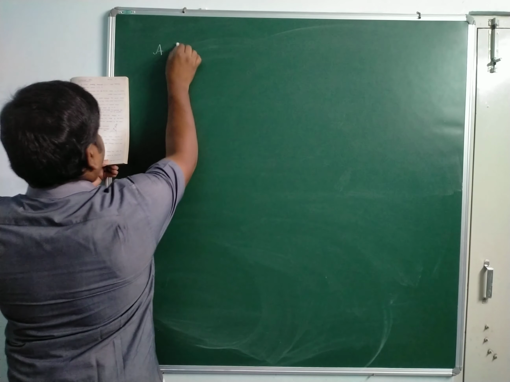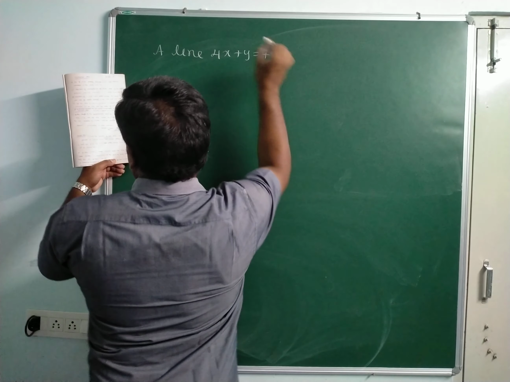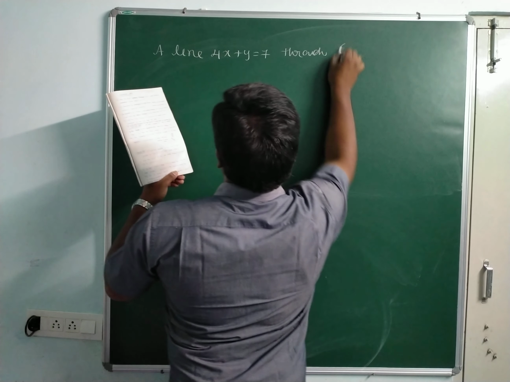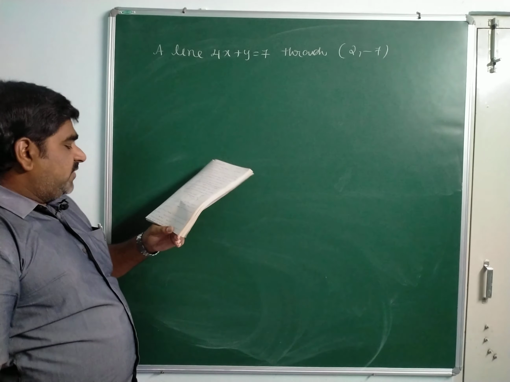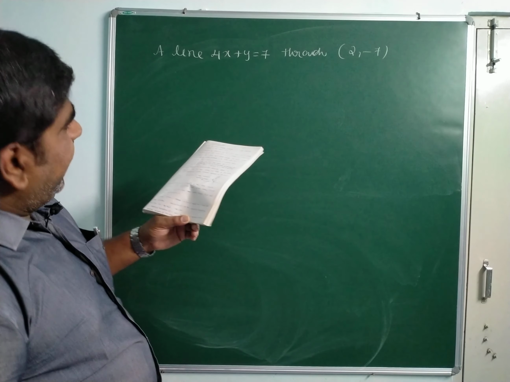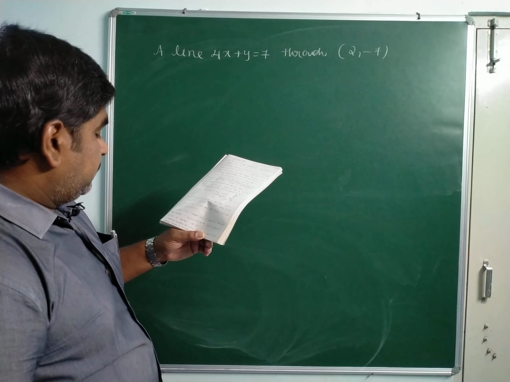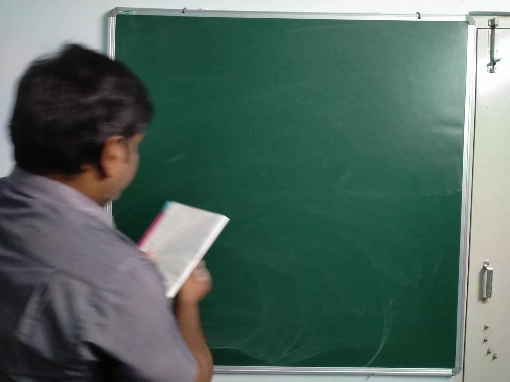A line 4x plus y is equal to 7 through A(2, minus 7). Wait. This is not the question. Sorry. I'll give one more question to you. Some mistake is there in that particular question.